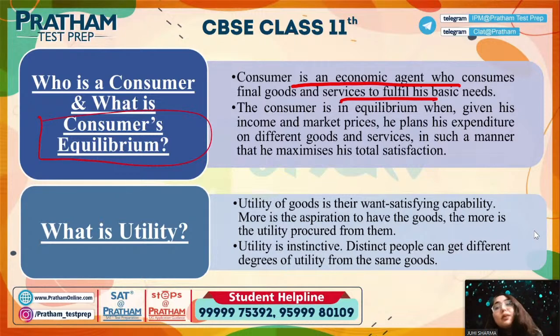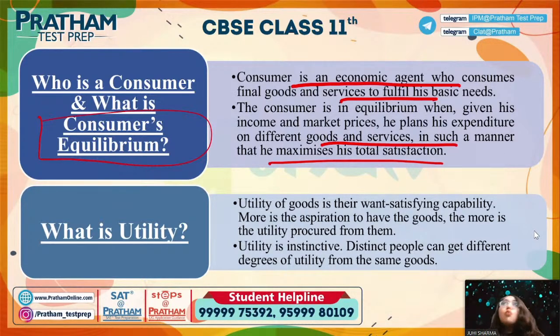I plan my expenditure keeping in mind my income and the market prices of the goods and services, so that I get maximum satisfaction out of that. So when any consumer plans their expenditure in a manner wherein they take income and market prices into consideration, and get maximum satisfaction out of that, in that particular scenario we say that the consumer is in equilibrium.